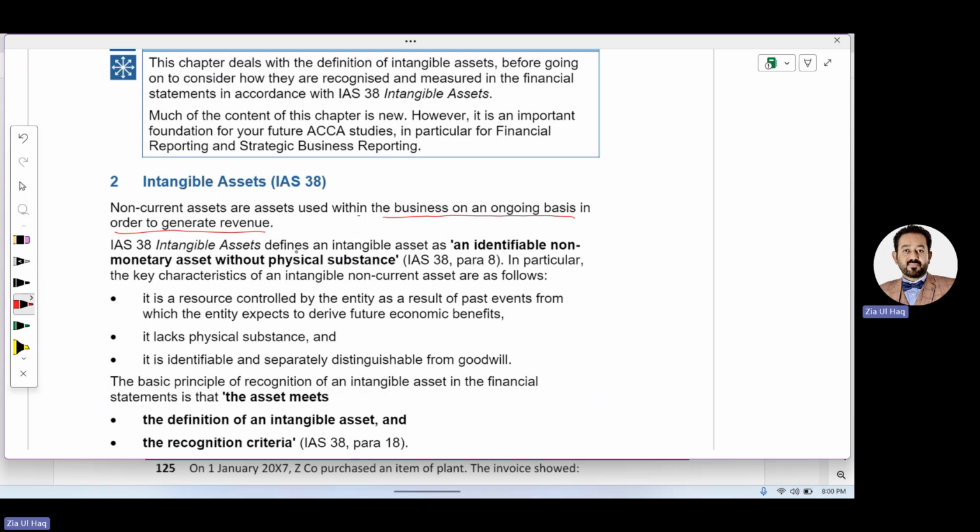IAS 38 defines an intangible asset as an identifiable non-monetary asset without physical substance. It is a resource controlled by the entity as a result of past events from which the entity expects to derive future economic benefits. It lacks physical substance, and it is identifiable and separately distinguishable from goodwill.